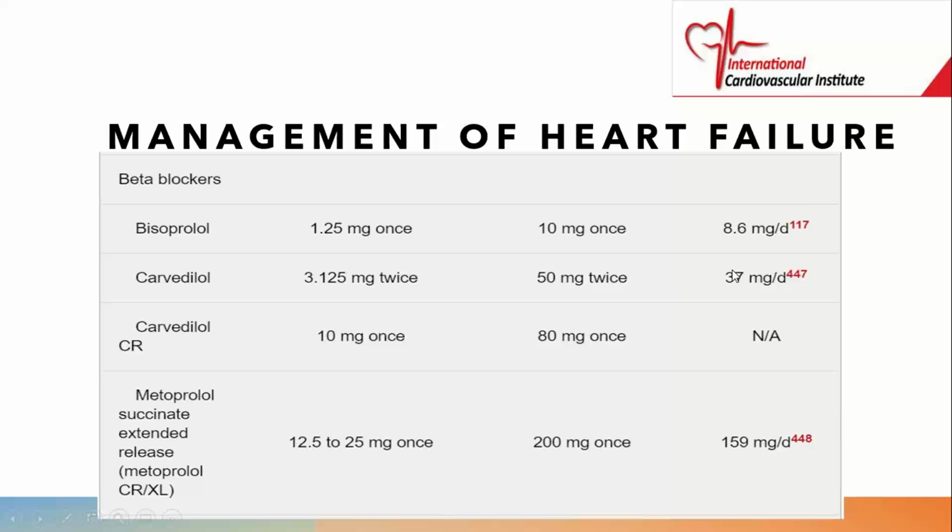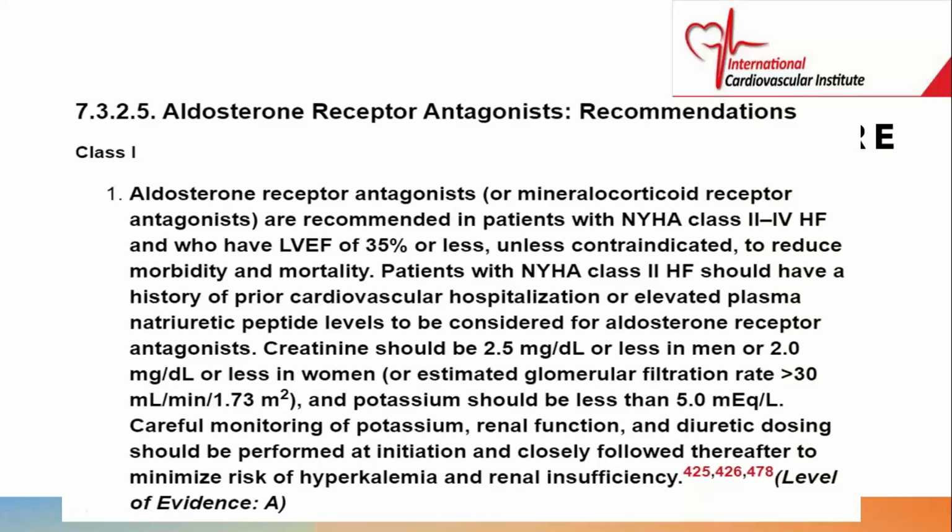The study dose was 37.5 milligrams per day. And then carvedilol CR: start at 10 milligram once daily. You can go as high as 80. Okay. Metoprolol succinate: start 12.5 to 25 once. So it's a once a day medication. You can go as high as 200 milligrams once daily. In the study, they used 159 milligrams.